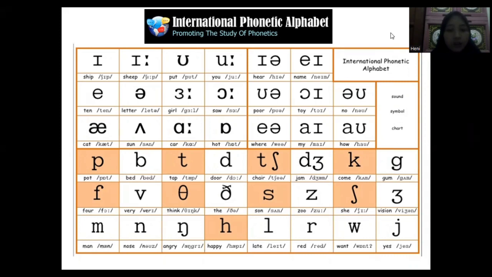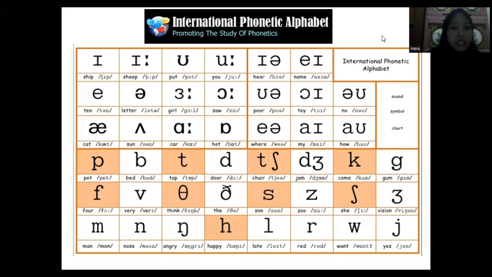Let's take a look at the vowels first. The vowels with 2 dots behind them are long vowels, so you need to produce a longer sound. But first I'm going to talk about the short vowels.